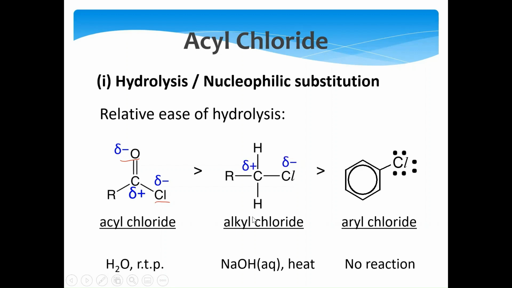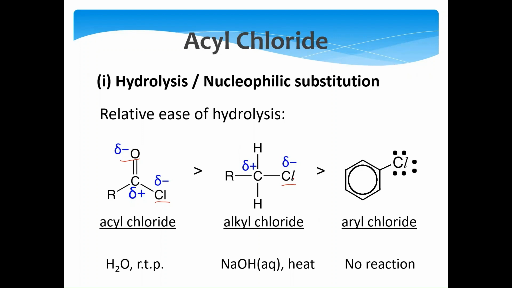For alkyl chloride, the electron deficient carbon with the delta positive is bonded to only one electronegative atom, Cl. So comparing it to acyl chloride, the delta positive carbon is smaller, and in other words, it is less electron deficient than the carbon in acyl chloride.